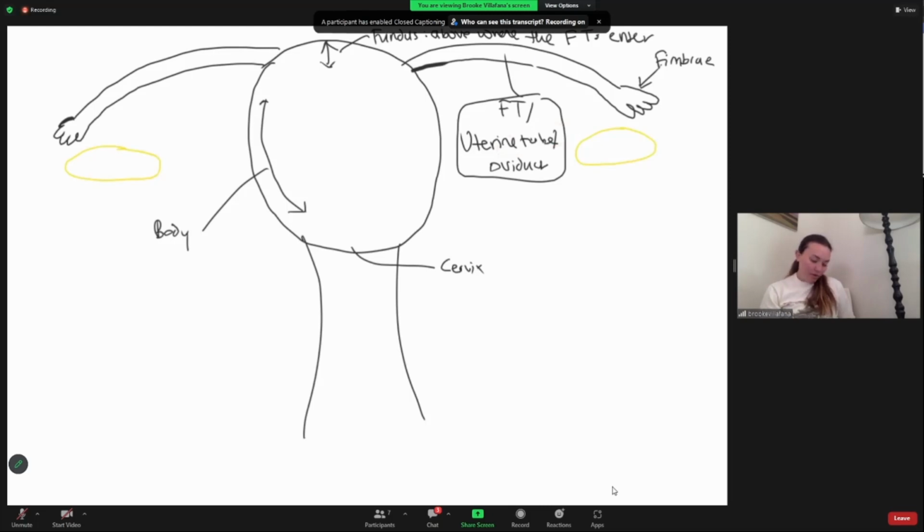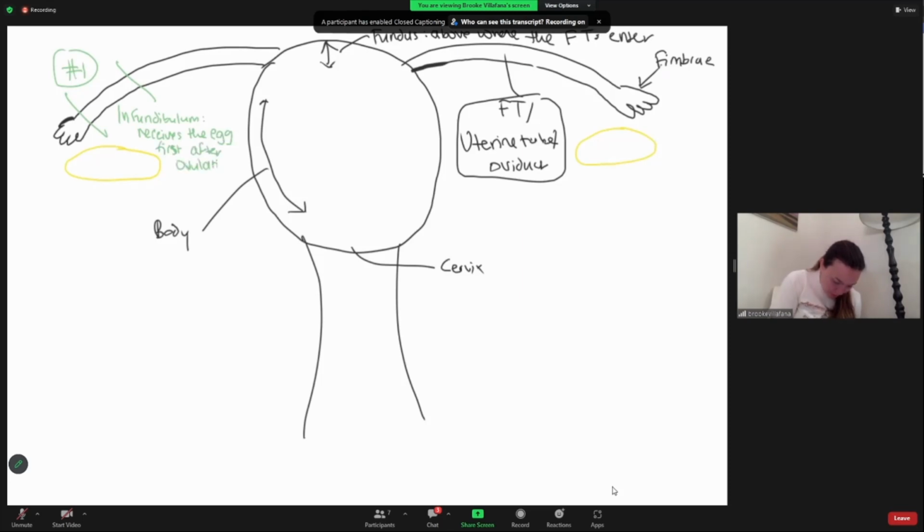Infundibulum is going to be the first part of the fallopian tube right here. So this is part number 1. Infundibulum. So this receives the egg first after ovulation.